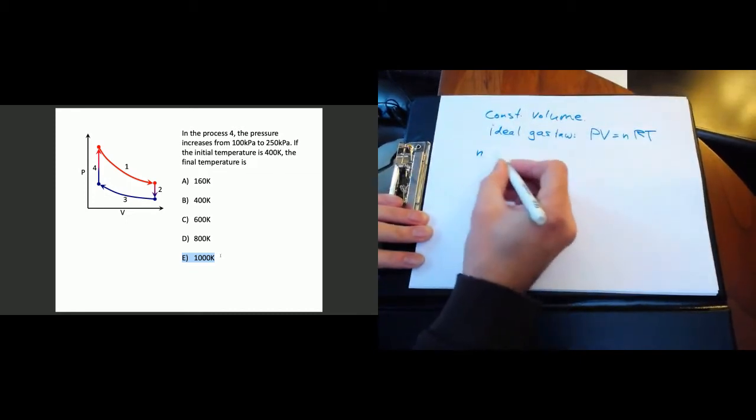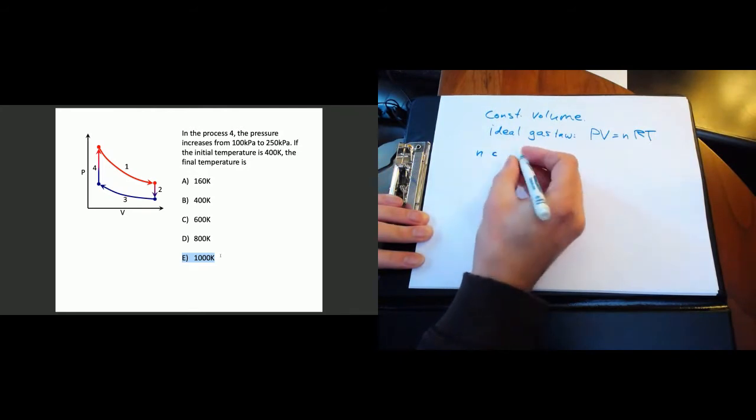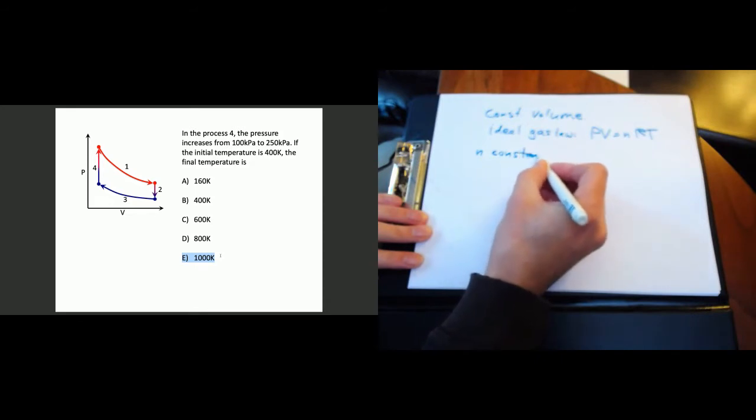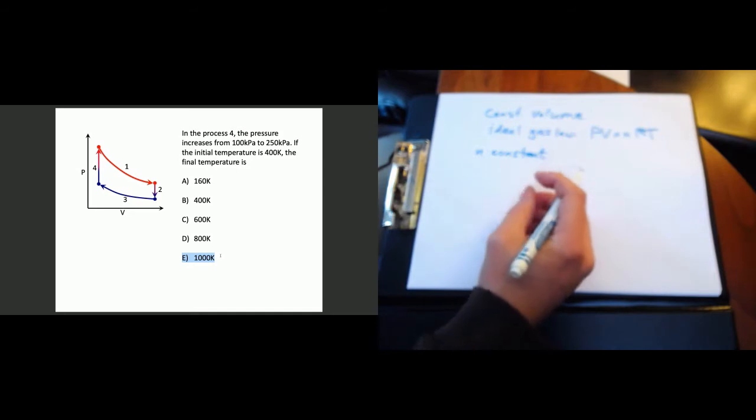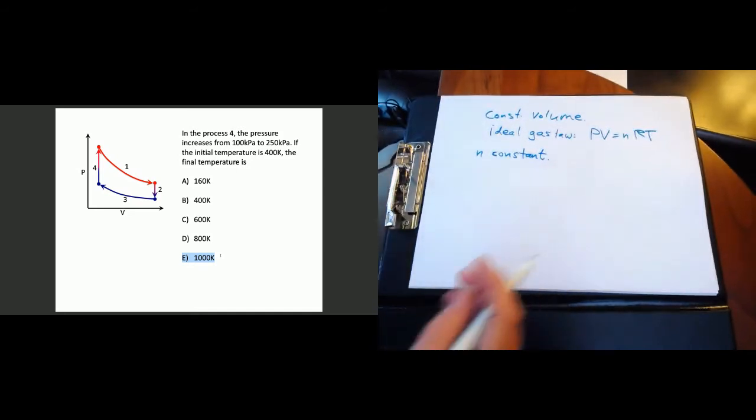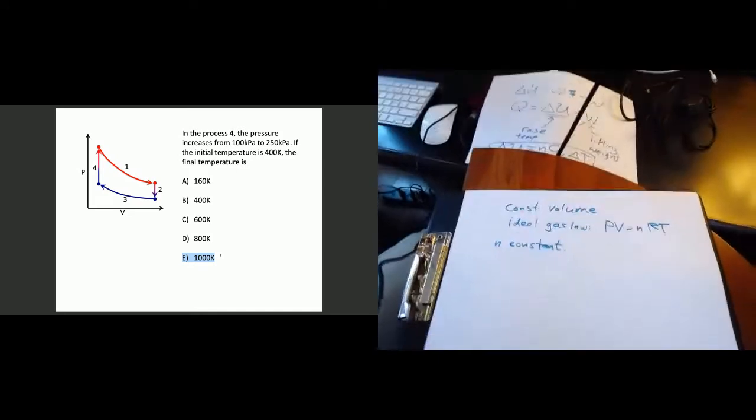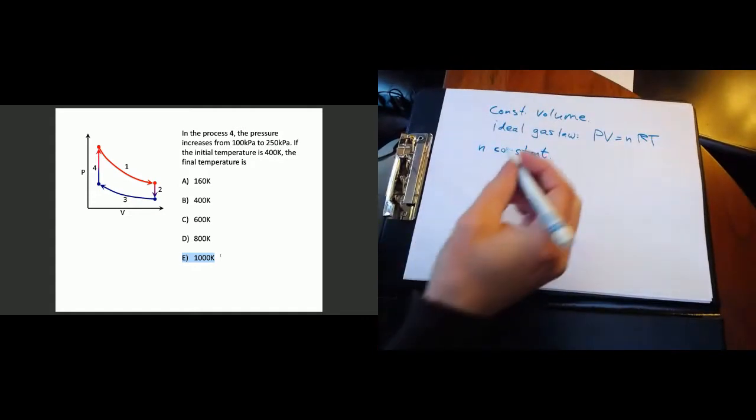For these kinds of processes that we're usually talking about in thermodynamic cycles, the number of moles of gas is going to be a constant. Okay, so n is going to be a constant.